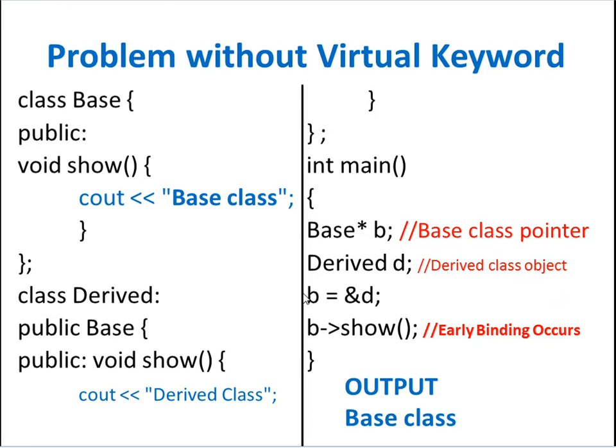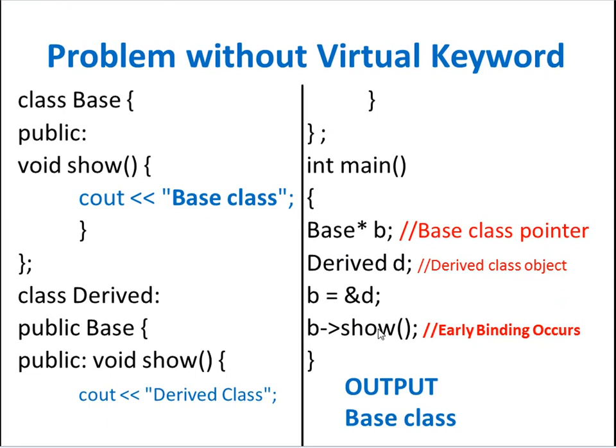When we assign b equal to address of d, as we know, when we assign the address of anything to a pointer, that pointer points to that object or memory location. Now the base class pointer is pointing to the derived class object, but when we execute b arrow show, we are telling the pointer to execute the show function.